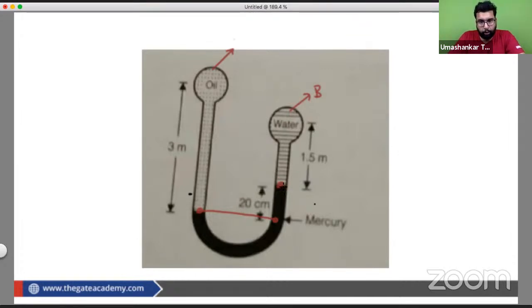When we increase the pressure of water, obviously this mercury level will go down, and it should come down by a distance of 10 centimeter. Only then will the level be the same here. Say yes or no, beta. And this should also be 10 centimeter. Then only the level will be the same.